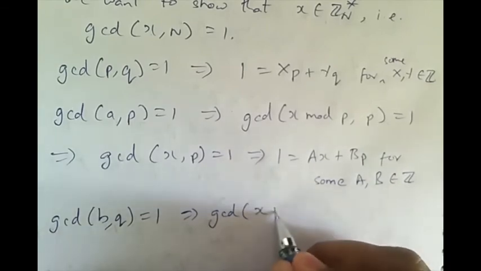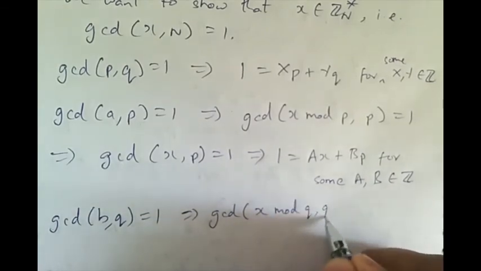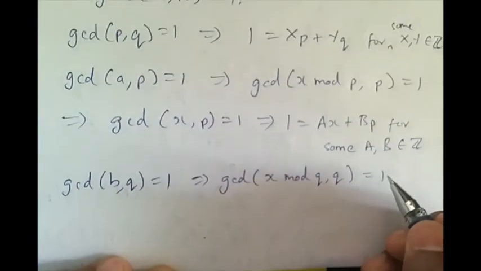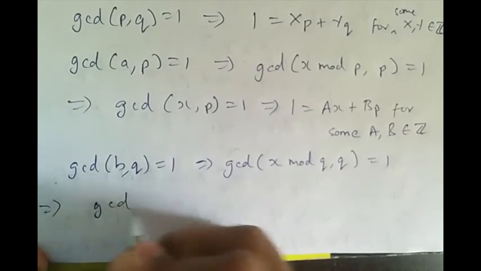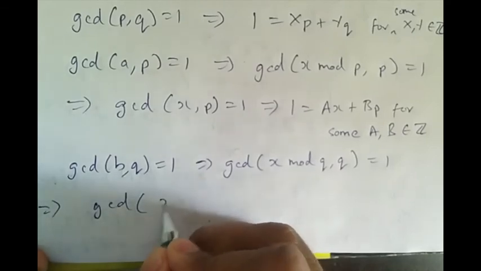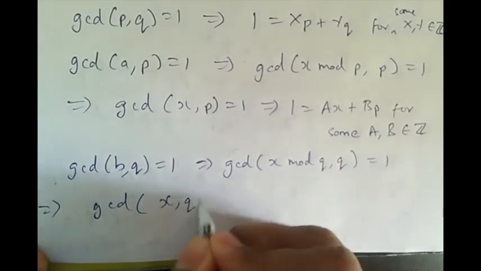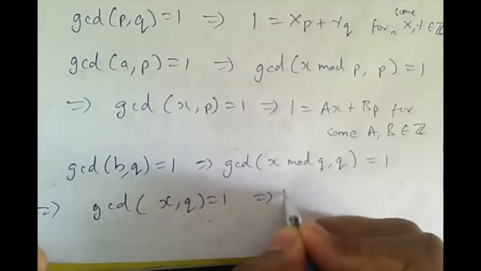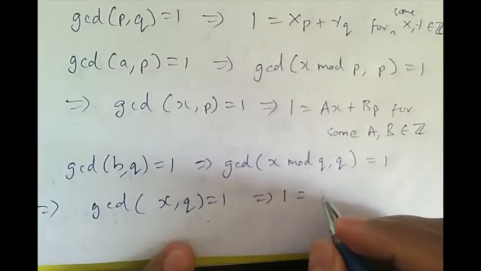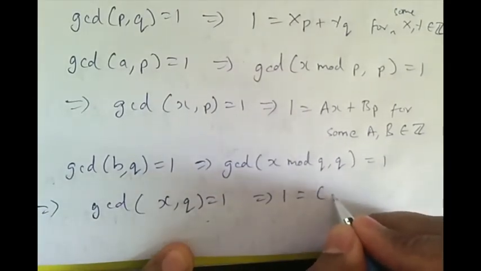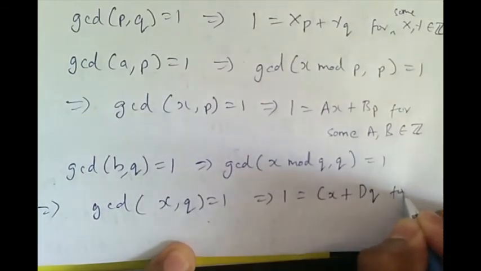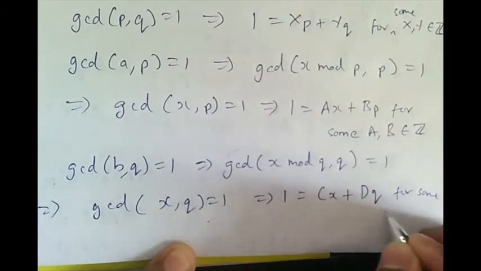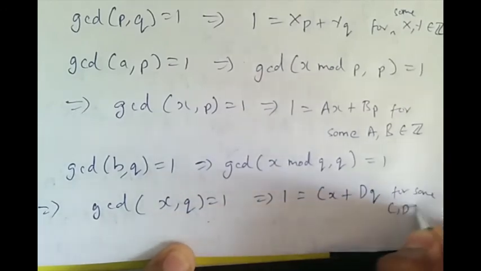So X mod Q is B, which implies GCD of X and Q is 1, which implies 1 can be written as a linear combination of X and Q, so CX plus DQ for some C, D in Z.